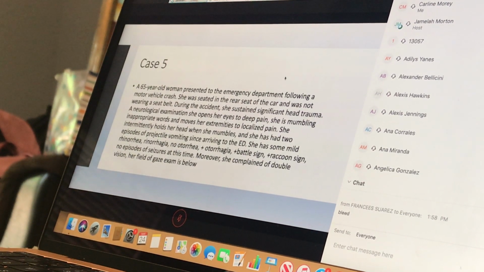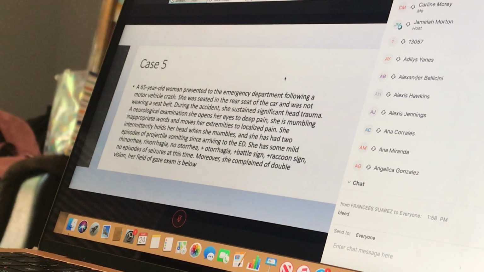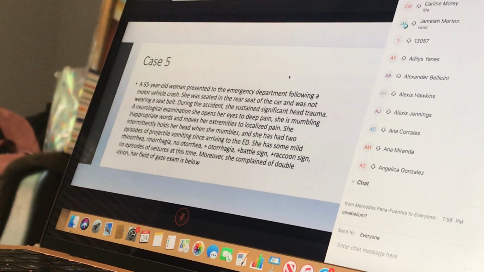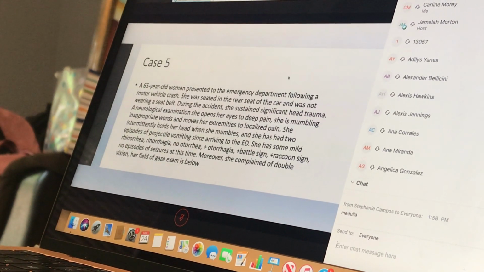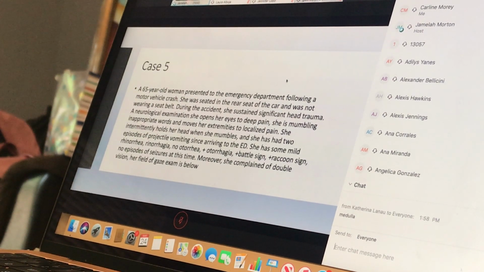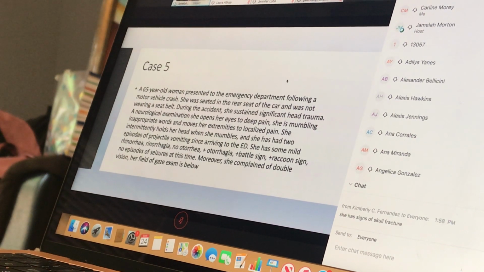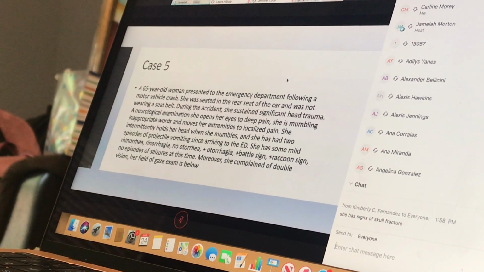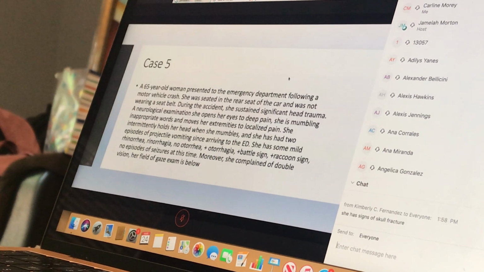But where's the vomit center in the brain? It's actually located in the medulla, which is in the brainstem. Okay? So if someone is projectile vomiting, you know that they have increased intracranial pressure and probably some brainstem herniation or brainstem dysfunction. Okay?